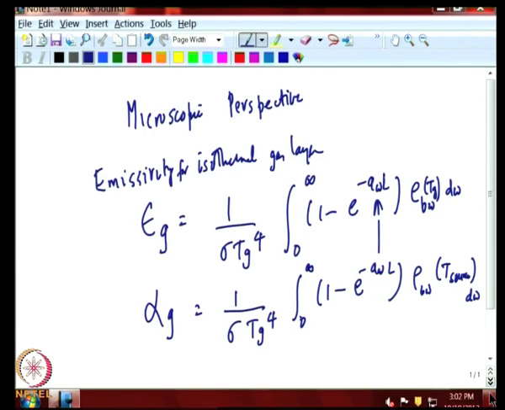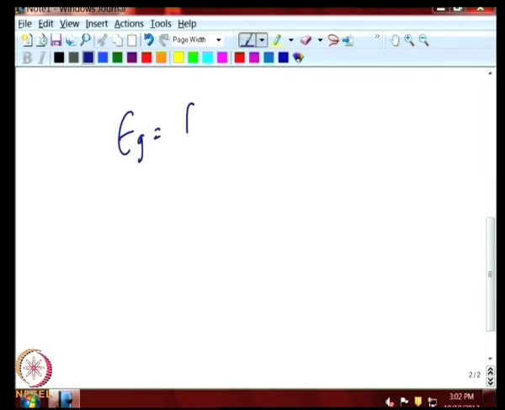Now, what does this emissivity depend on? Now, this emissivity, as you can recall, has to depend on the amount of absorbing gas in that region, the appropriate length scale.